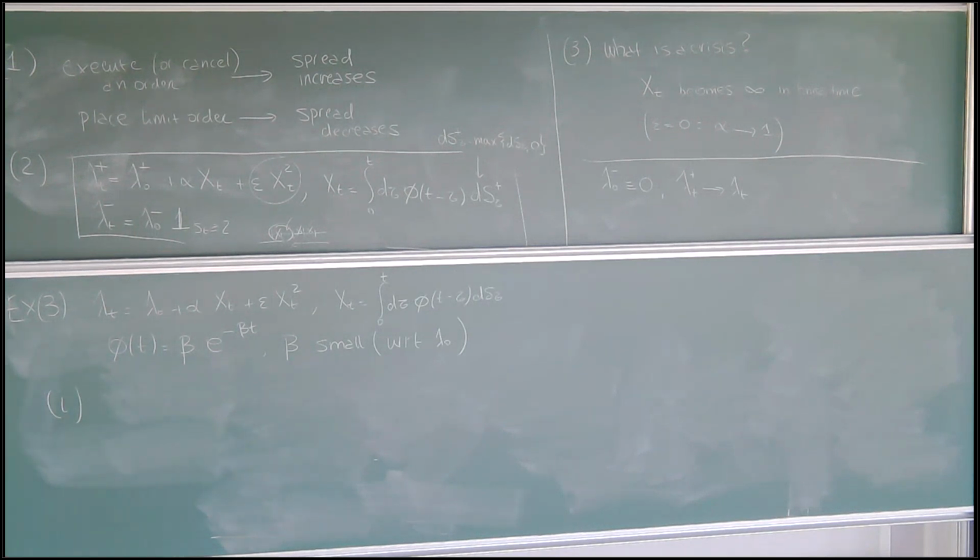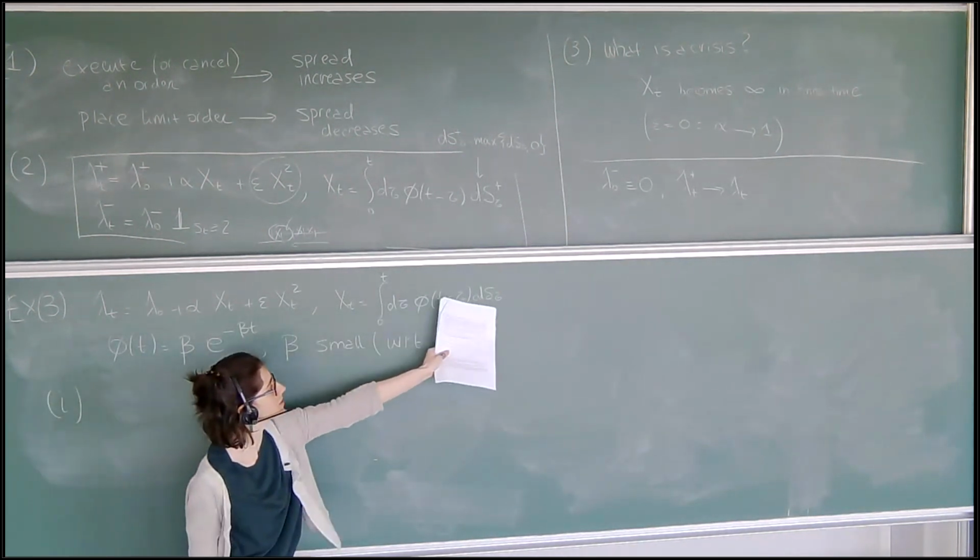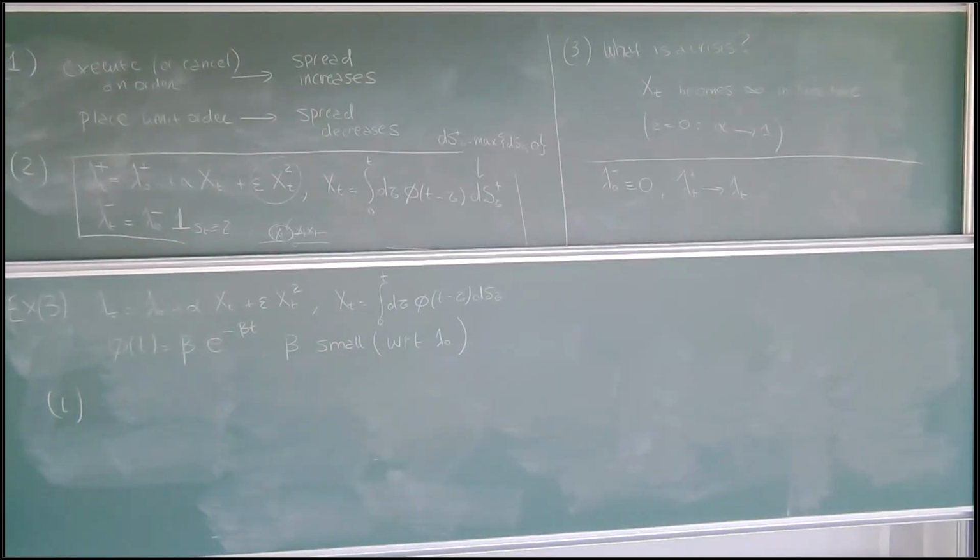And whenever you are in this situation, you can simplify the dynamics of your process. You can assume that the dynamics of your process is given by a drift that is simply given by lambda of t, and a noise which has a strength of the order of square root of lambda t.